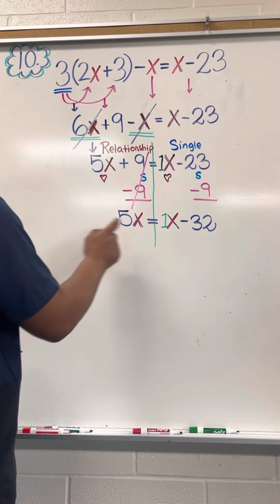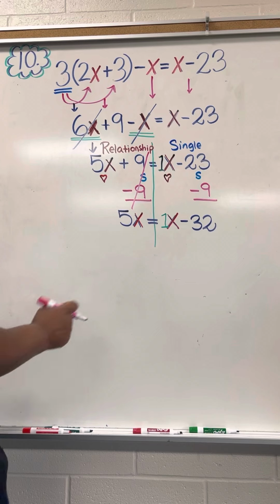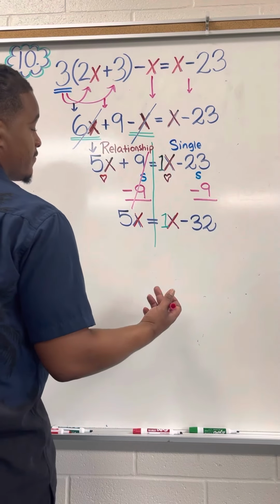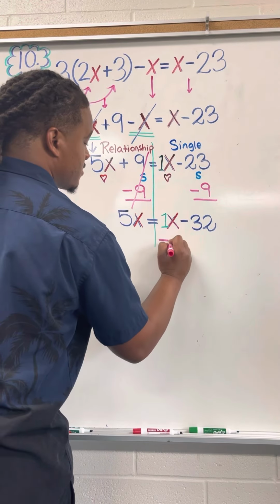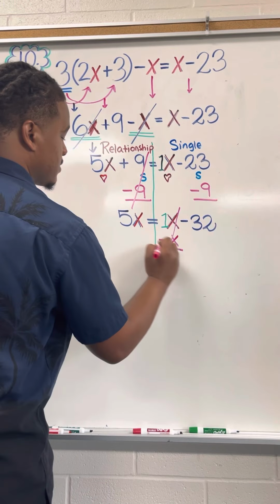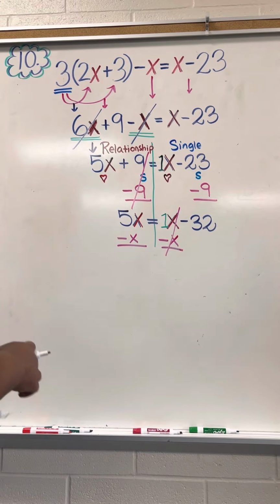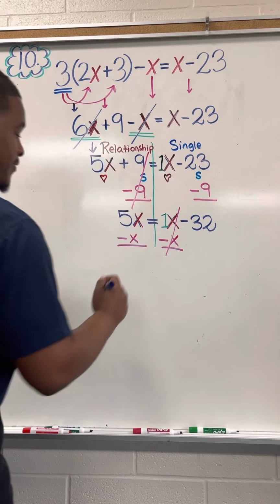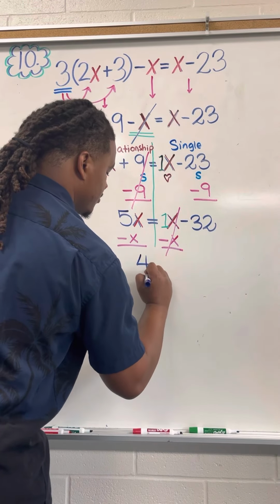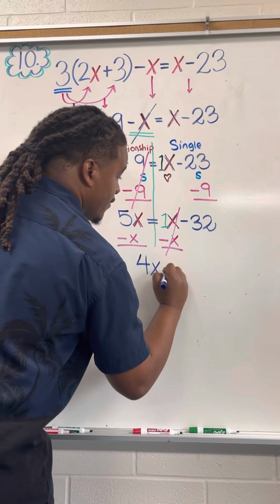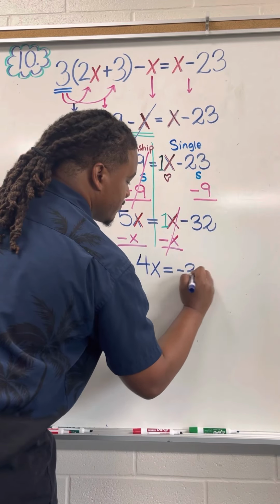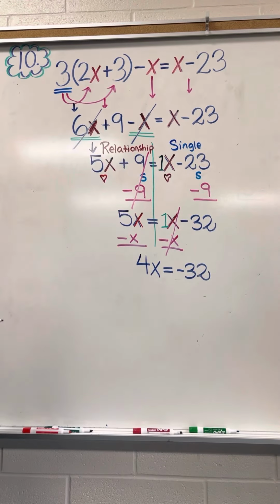This needs to move to the relationship side. So the opposite of saying a positive x is a negative x, right? So I'm going to subtract x on both sides. And 5x minus 1x, or just x, equals 4x. So now we have 4x equals a negative 32.